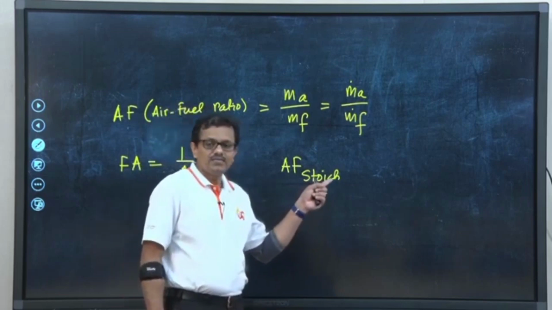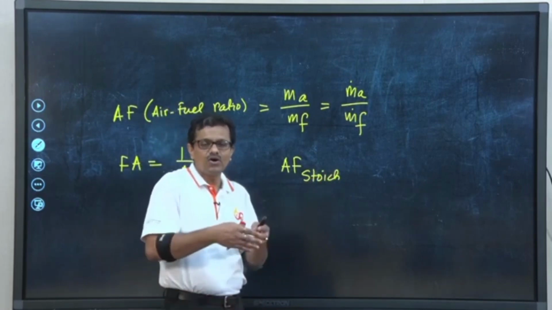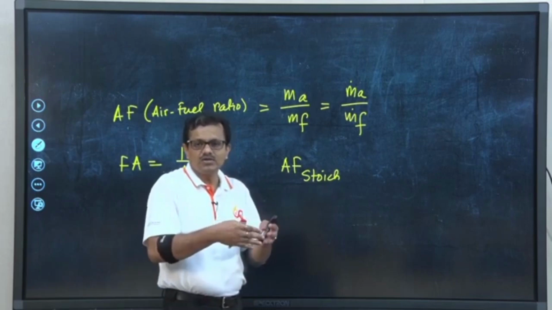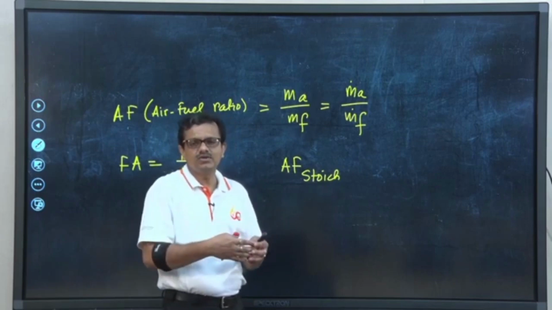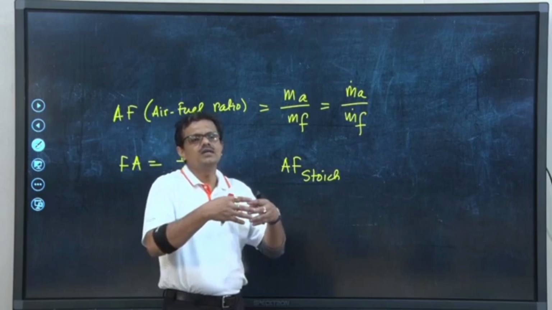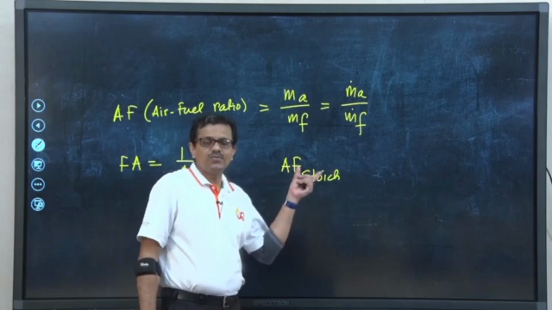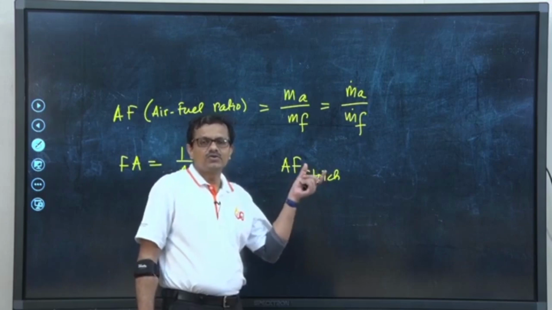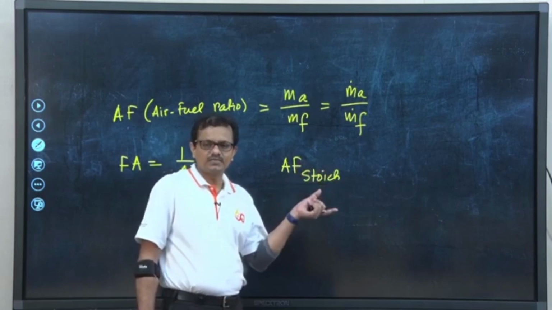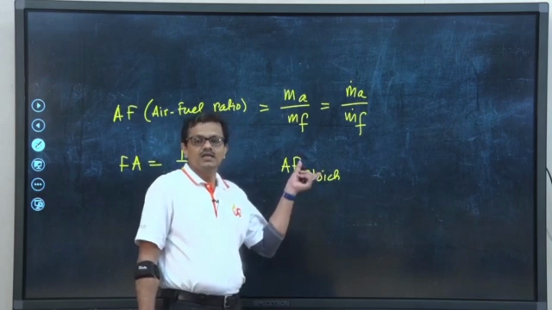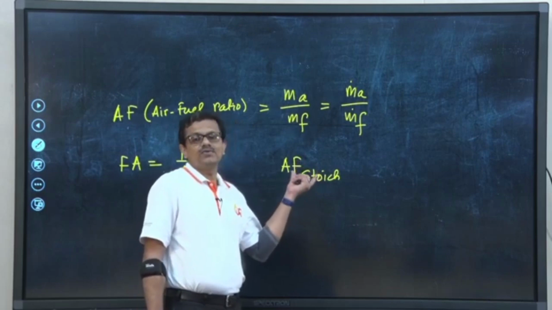Either we may need to go for the power zone, that is a deviation from the cruising zone, or it depends on the weather condition. The air fuel ratio required to run the engine at that condition would be somewhat different from the stoichiometric air fuel ratio.